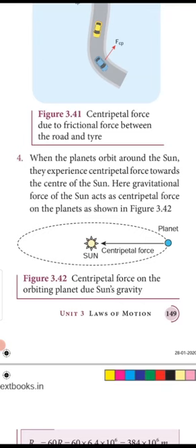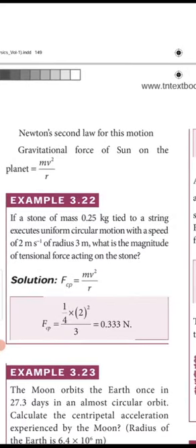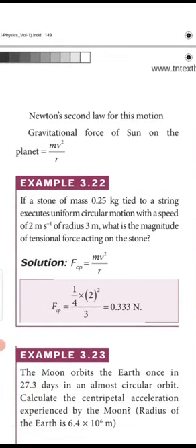Here also we are going to apply the same Newton's second law for this motion, that is, the gravitational force of the sun on the planet is equal to mv square by r. Okay, so in all these cases, different forces act as the centripetal force.